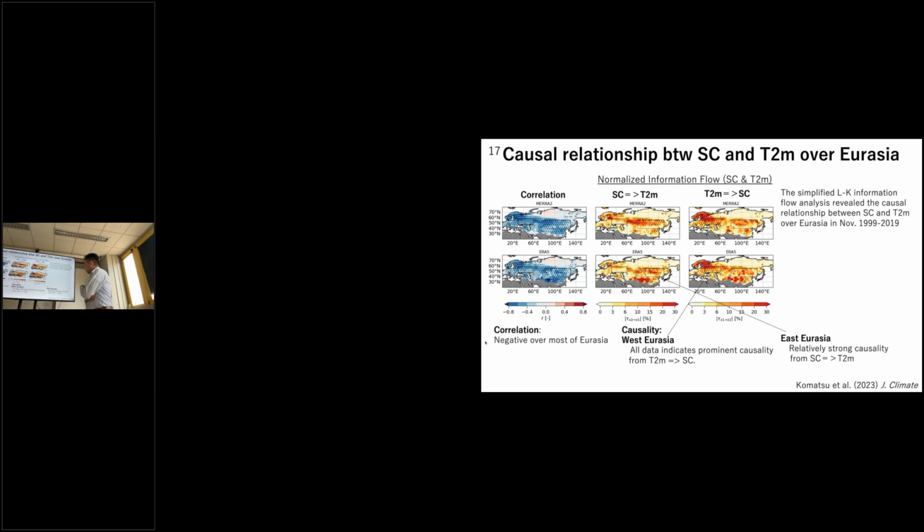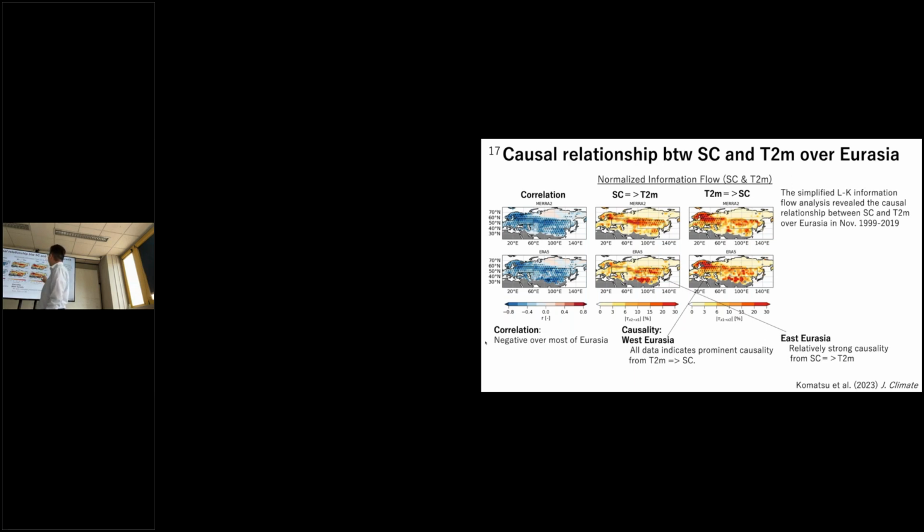So we applied the normalized information flow analysis, real-time information flow analysis, for snow cover and 2-meter temperature, and we got these results. In the middle, I'm showing the causality from snow cover to 2-meter temperature.